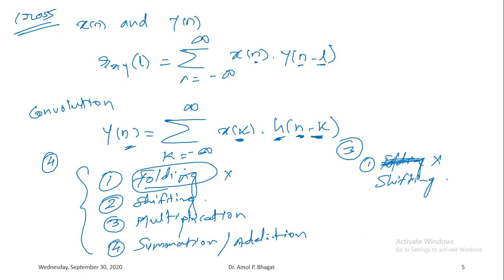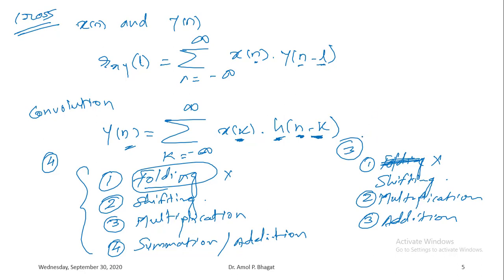In convolution, we are performing the folding operation: h of k has been folded and represented as h of minus k. But in correlation, y of n is kept as it is. Simply we are shifting y of n by L samples, depending on the value of L. Second, we are performing multiplication, and third we are performing addition or summation.